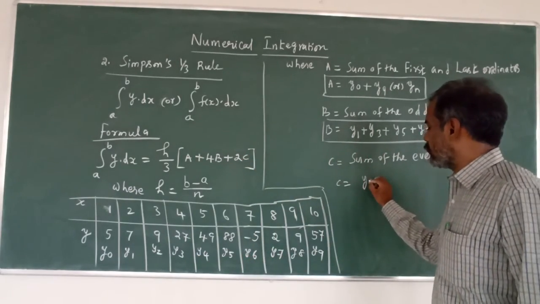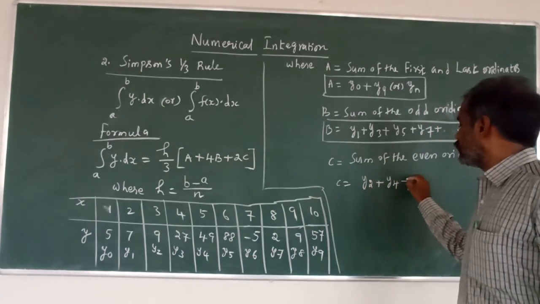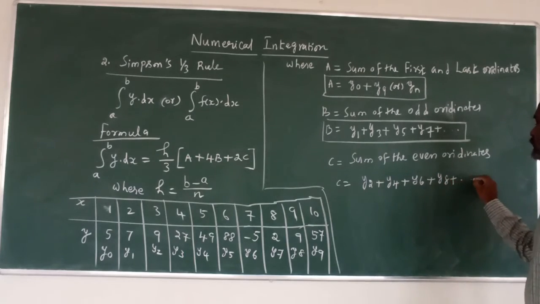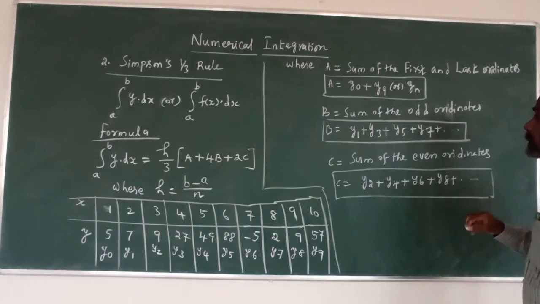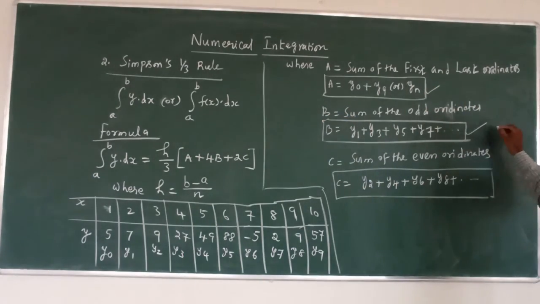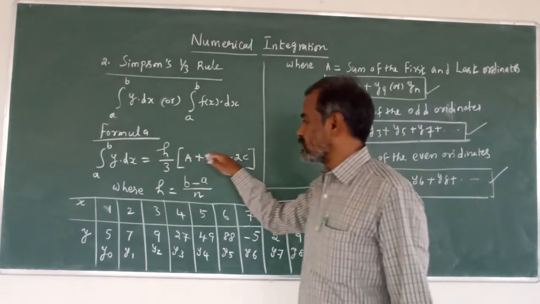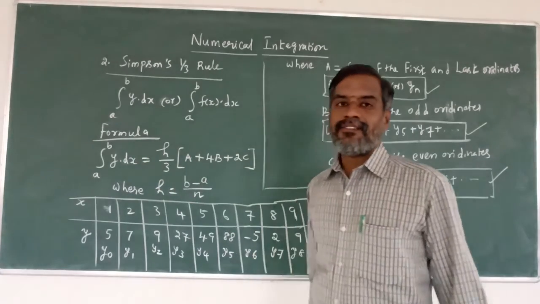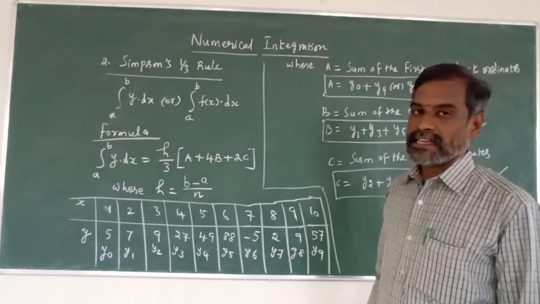We add y2, y4, y6, y8, like that. This is the formula to find the A value, B value and C value. Substitute these values here, simplify and find the result. This is the numerical integration.